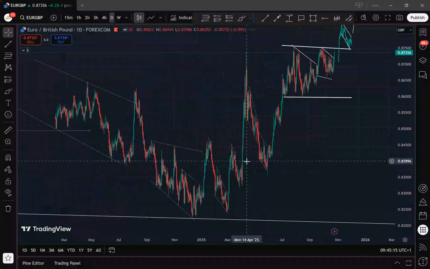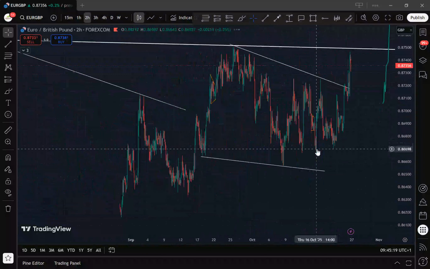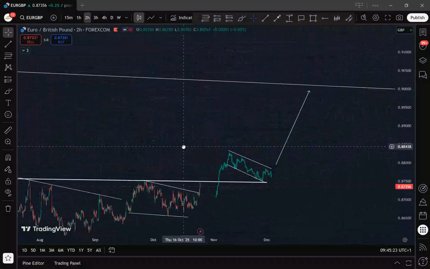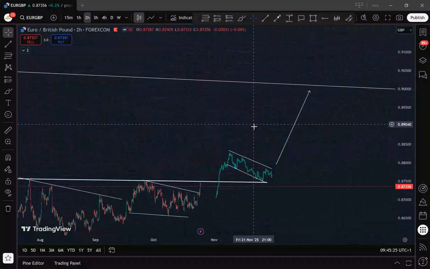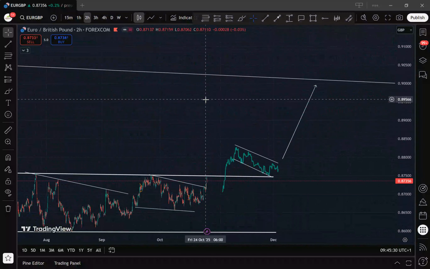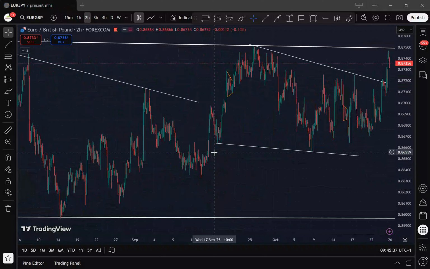But what am I looking for here? On the mid time frame, I am looking for a breakout of this structure, then a continuation pattern like this for the market to push the price to this high. Excuse me. That's on EURGBP. Let's quickly move on to the next one.